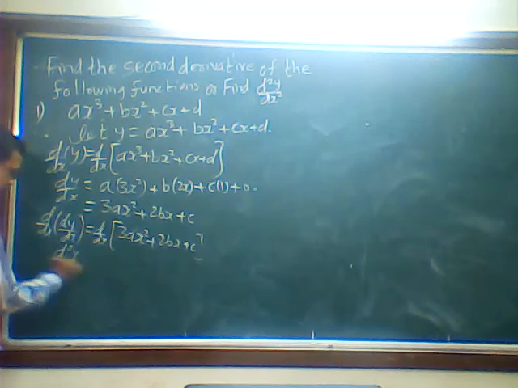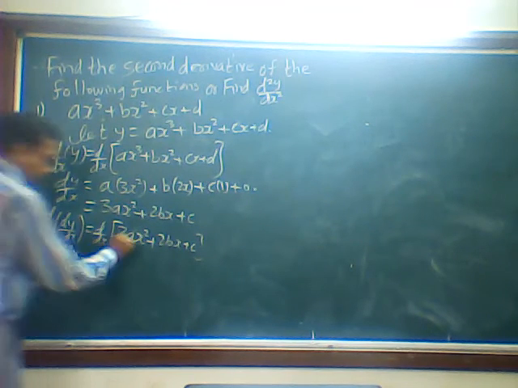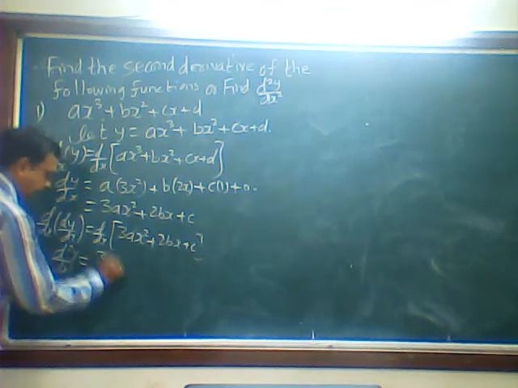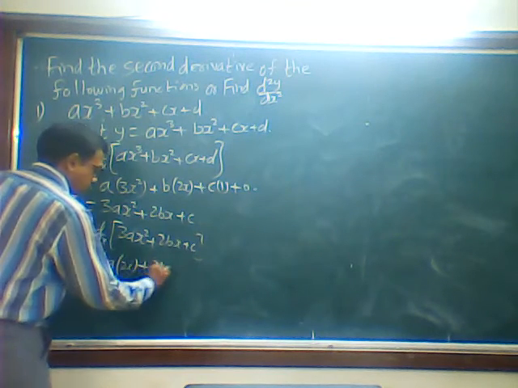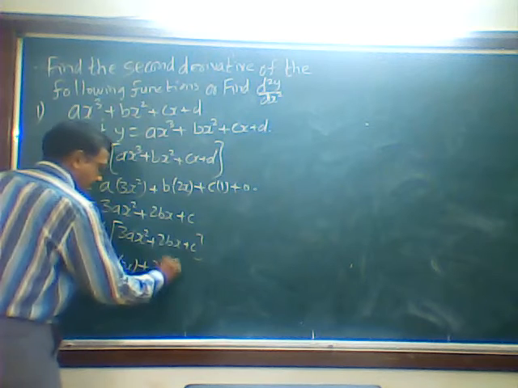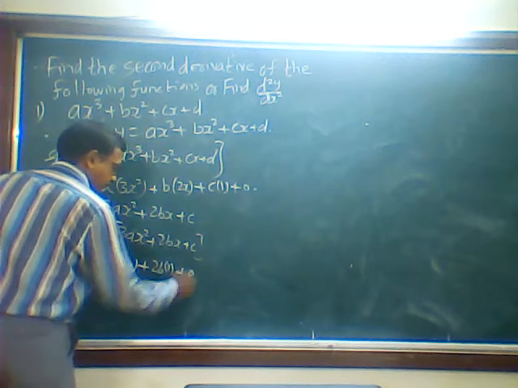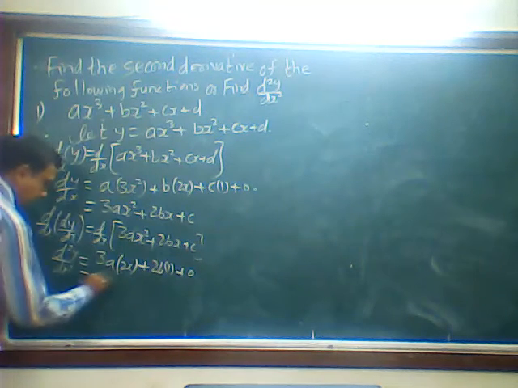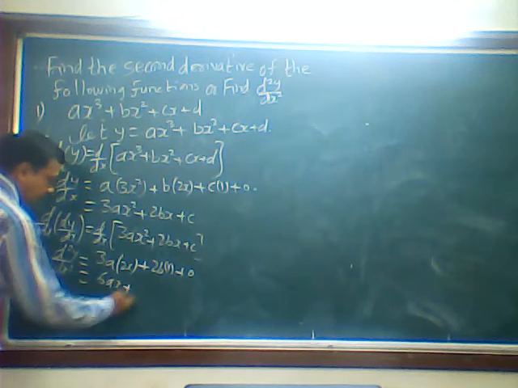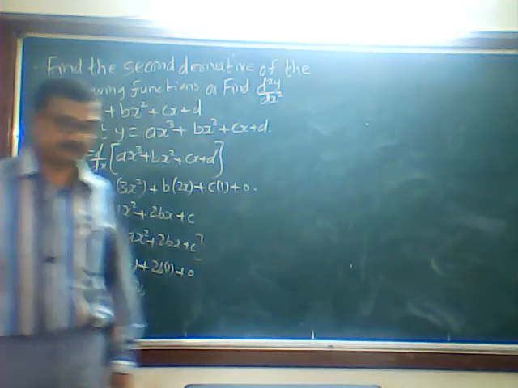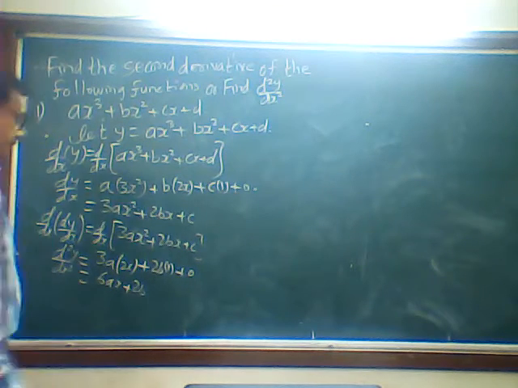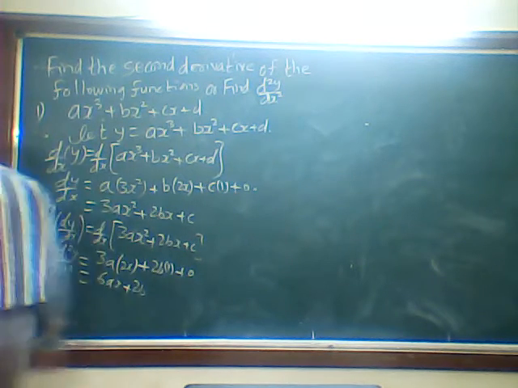So d square y by dx square: 3a is constant, d by dx of x square is 2x, plus 2b, d by dx of x is 1, plus c is 0. So 2 times 3 is 6, it will become 6ax plus 2b. Done. So this is your second derivative. Okay, just go through it.